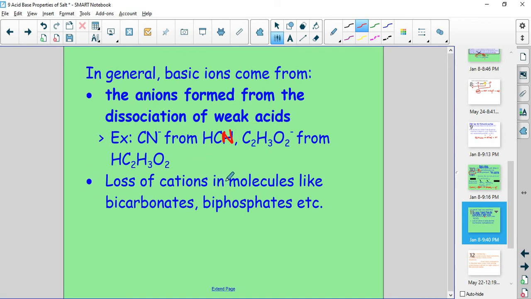Also, loss of cations in molecules like bicarbonates, HCO3-, right? Bicarbonates can also therefore act like a base, pulling out a hydrogen and leaving hydroxide.